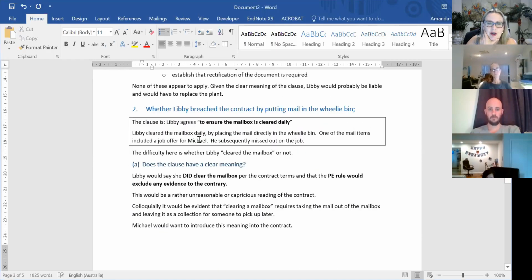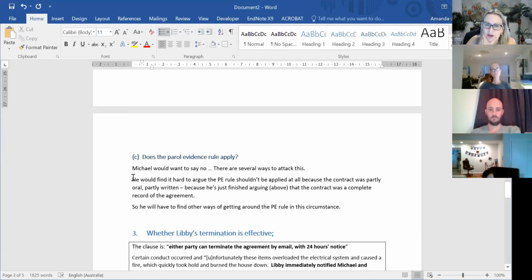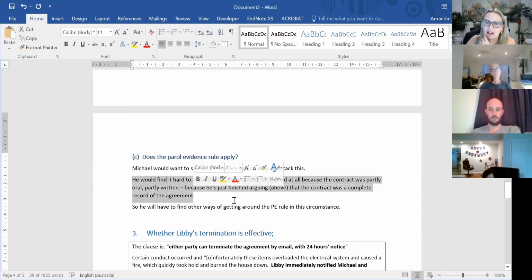Obviously, Michael can't really argue that the contract in this sense was partly oral, partly written, because he's just finished arguing above that the contract was a complete record of the agreement, and that the parole evidence rule should stop Libby from introducing surrounding circumstances in relation to the plant dying. He now can't go ahead and say, oh, actually, it was partly oral, partly written. Do you see what I mean? I find this problem a lot with students' answers to problem questions, often in an exam where you're rushed.